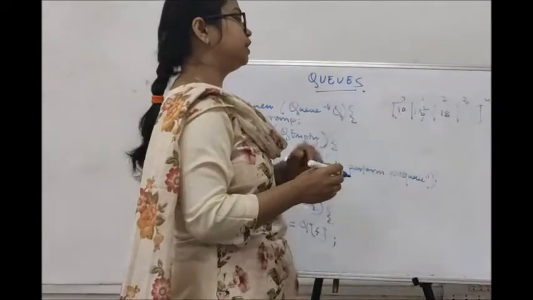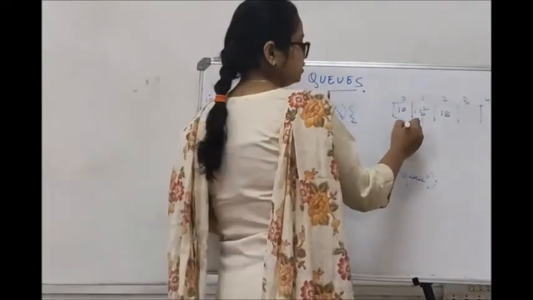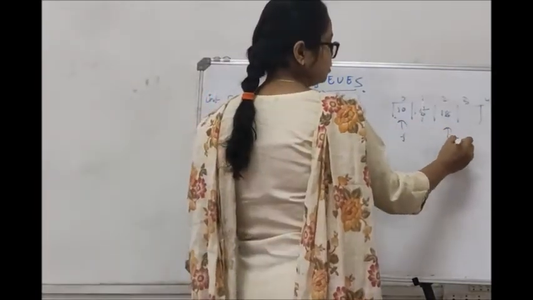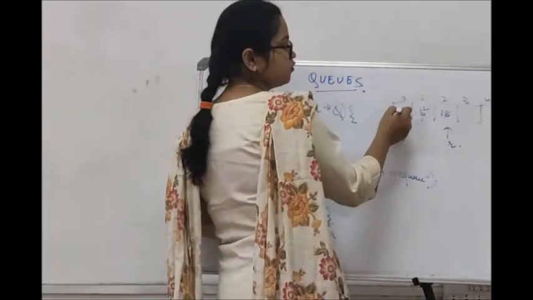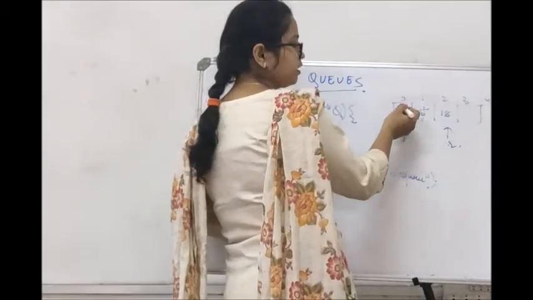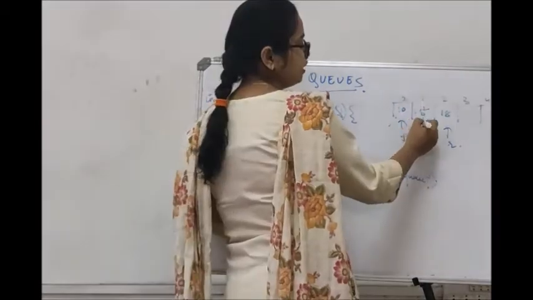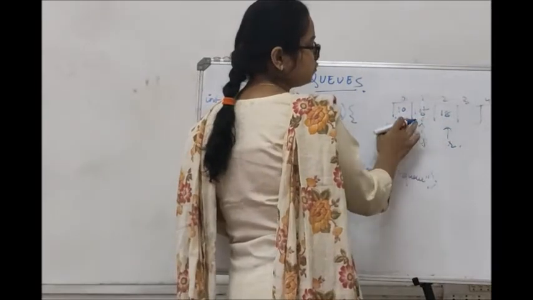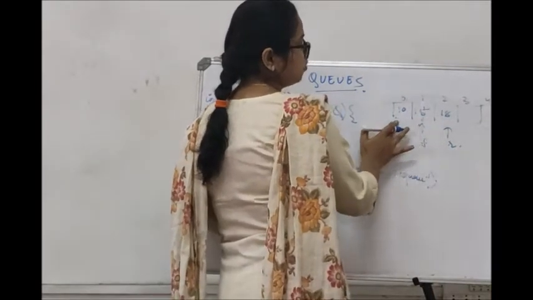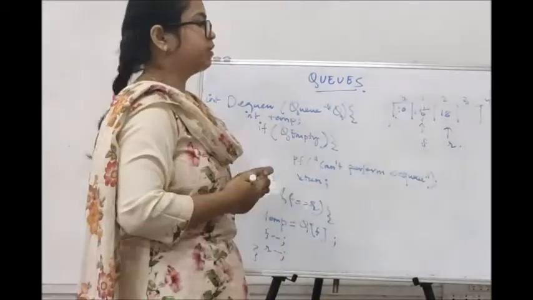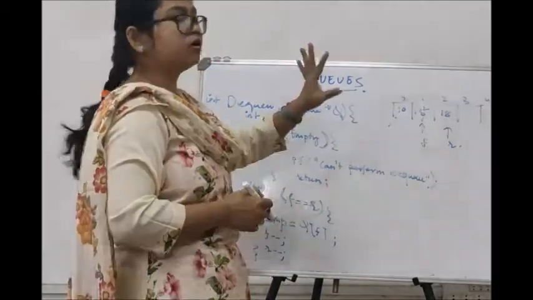Now suppose you want to delete this element. Always this will be front, this will be rear. To delete this, we will simply delete the element, store it in temp, and increment front. Front will now point to 15. Now the first element will be 15 because 10 is deleted. This is what DQ is.